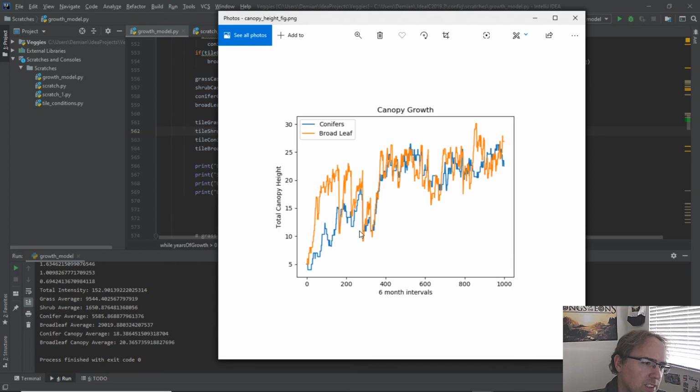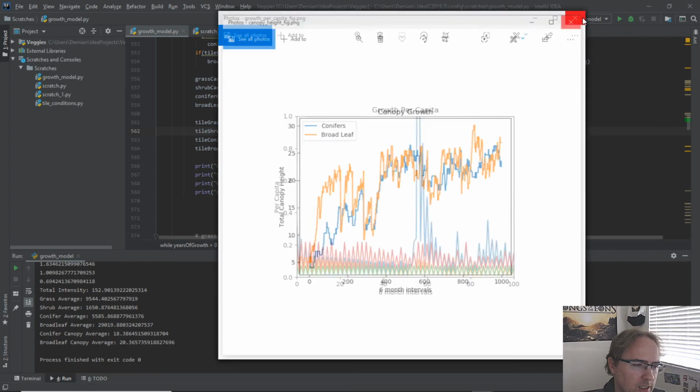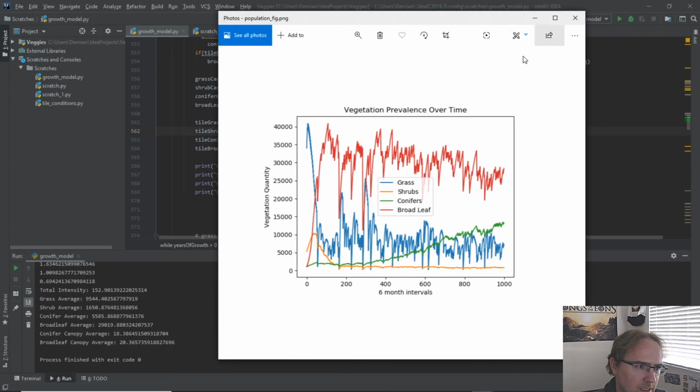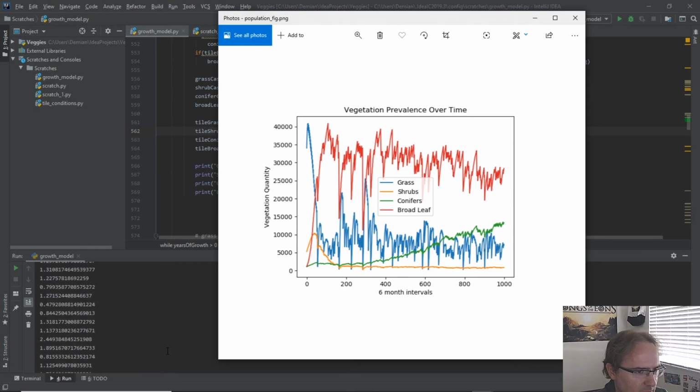Oh, that's interesting. Okay, the canopy gets tall enough where it just becomes invulnerable, and it... how strange. Okay.